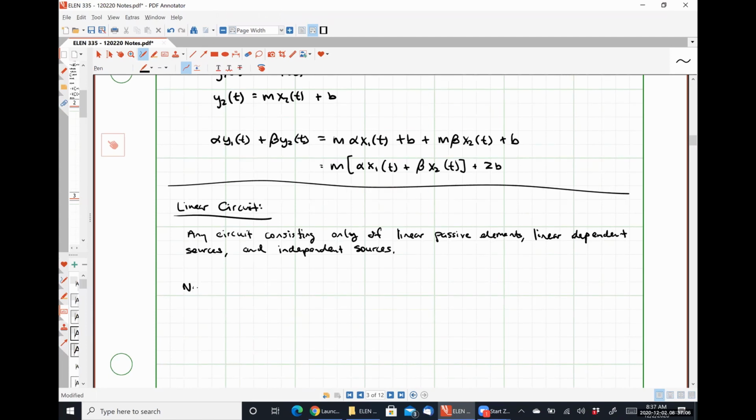Now let's talk about nonlinearity and electronics, all right? And why we're talking about all this stuff. We have a diode.